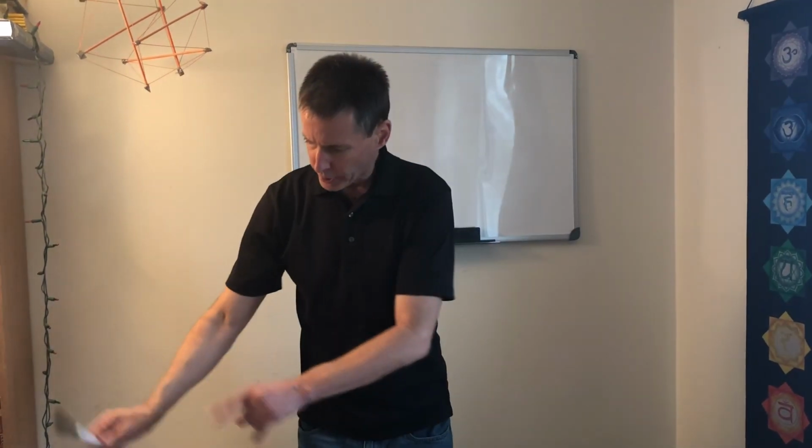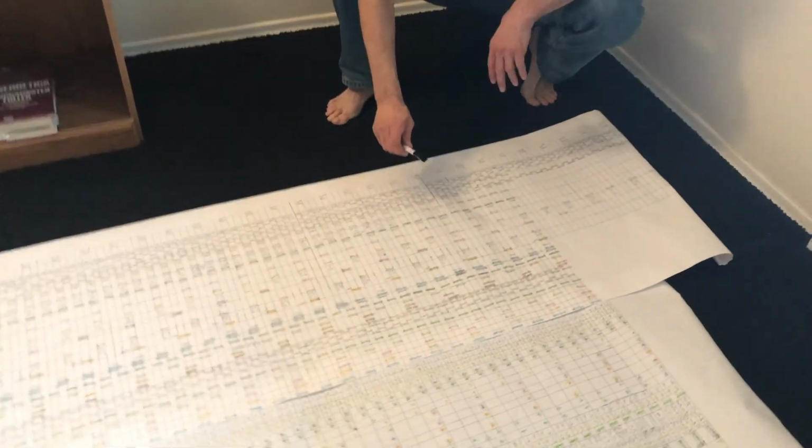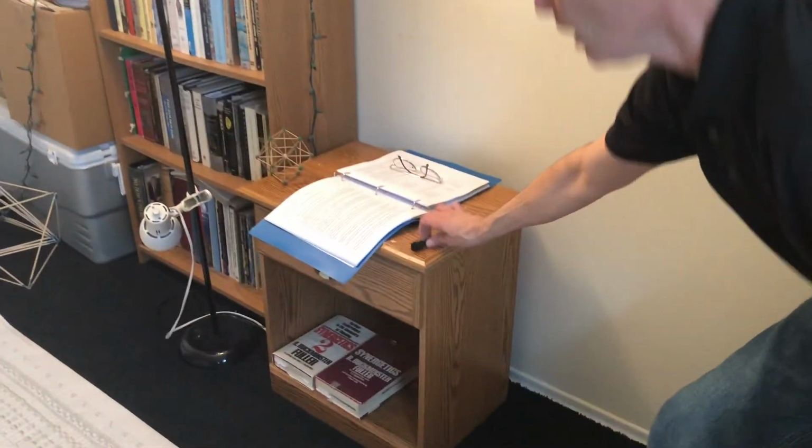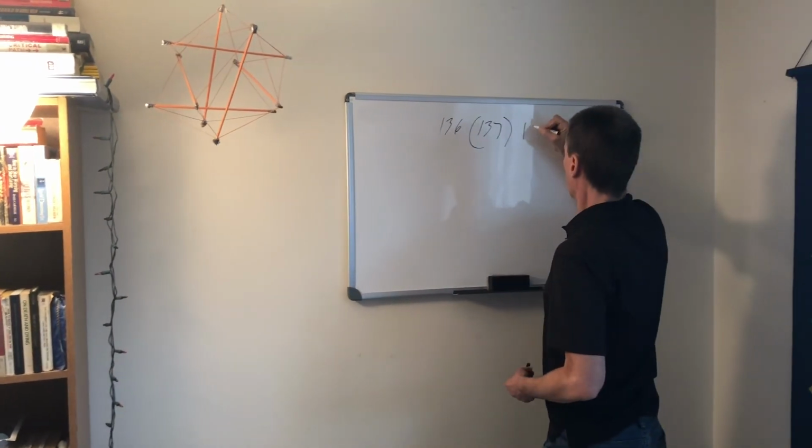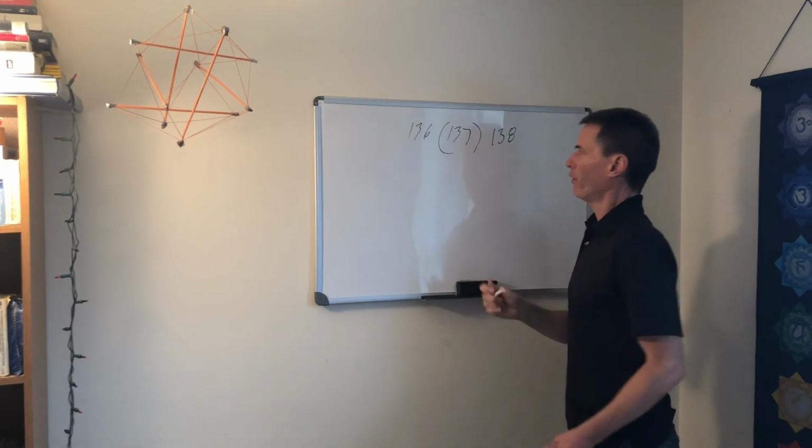And what I noticed then was that the 17 and the 23 revolved around the 137. I said, well, it revolves around the 137 so that it shows up at 136. And the 23 revolved around it also.